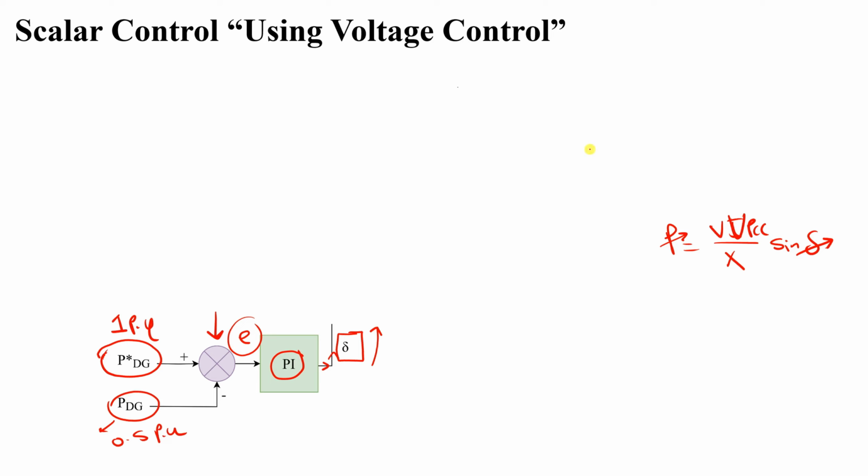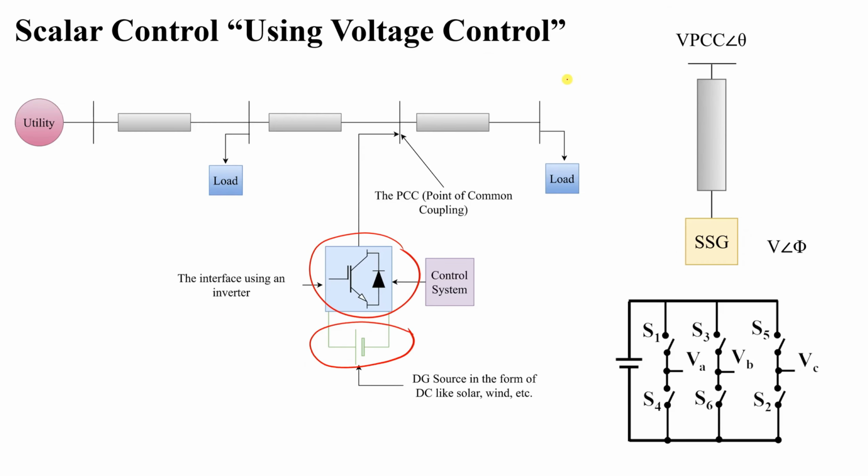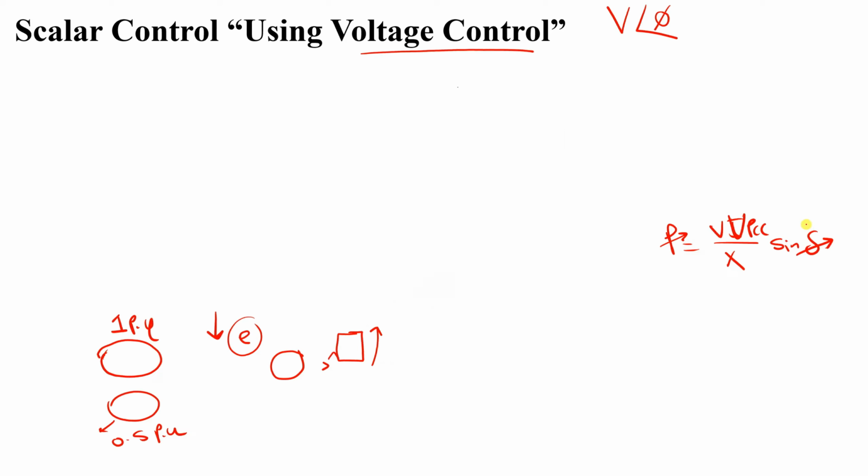However, if we remember that we are doing voltage control, which means I'm controlling V and angle phi, let's get back here. The angle phi, this one, right? If we remember from the phasor diagram, we have two vectors, like this. We have V, which is our voltage here, and V_PCC.